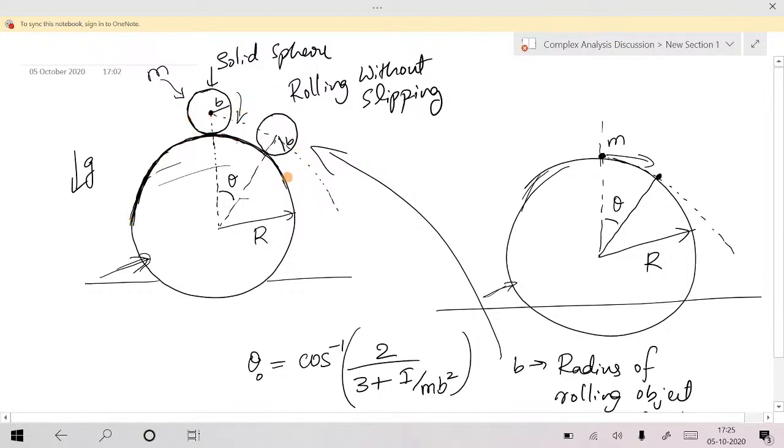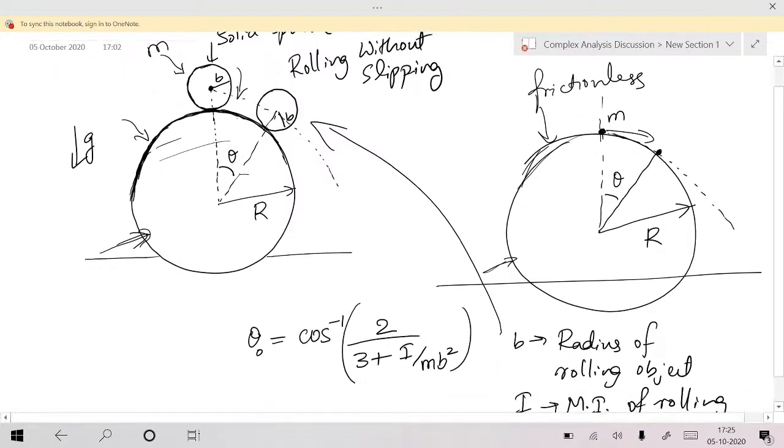Let me take the big sphere surface as having friction, so that this object will purely roll without slipping. The mass of the big sphere will never come into our discussion, because the big sphere is only providing a surface of constraint. Is that clear?